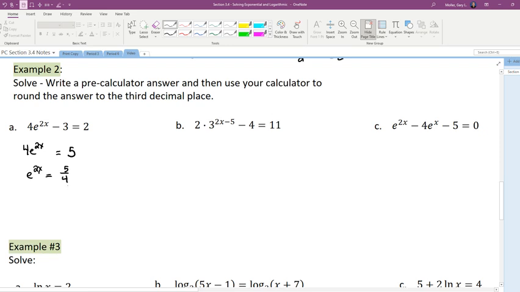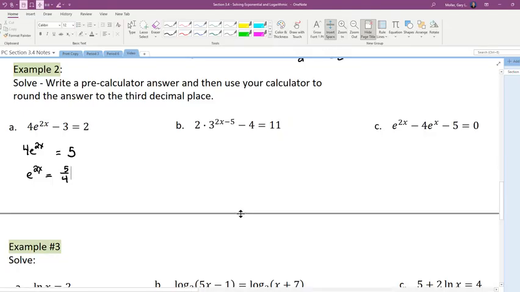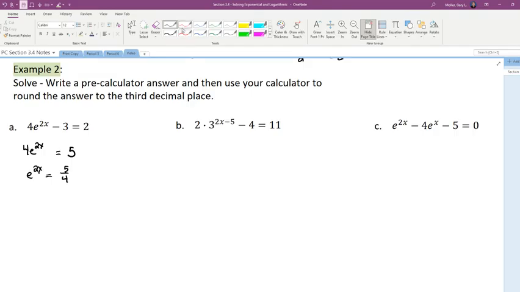All right, so how do we get rid of an e? E to a power? We are going to take the natural log of both sides. Let me give myself a little more room to work with here. So I am going to take the natural log of the left side, and I'm going to take the natural log of the right side. So that'll be the natural log of e to the 2x and the natural log of 5 fourths.